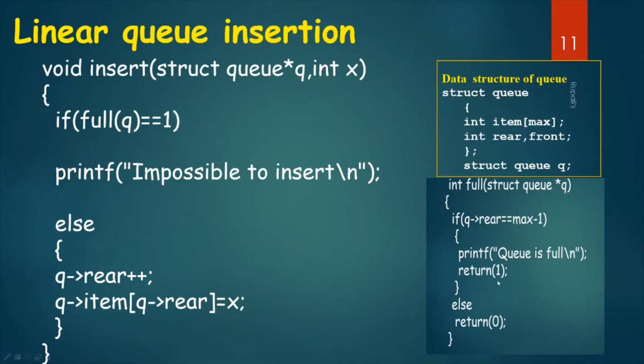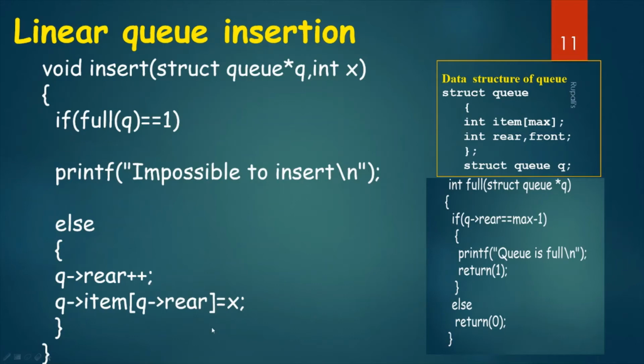If this function returns 1, it means it is impossible to insert. Otherwise, first you have to increase the rear, then insert the element. So first increase rear, q arrow rear plus plus, then insert the element: q arrow item, q arrow rear equals this x.